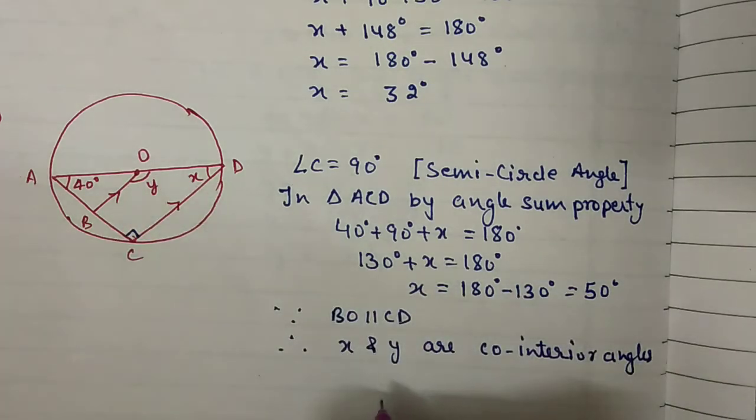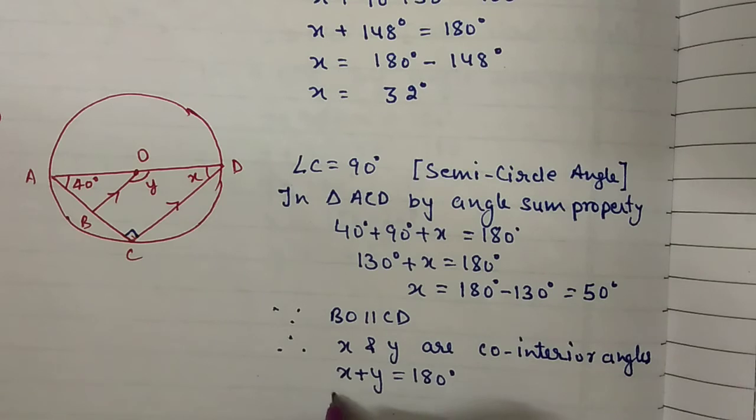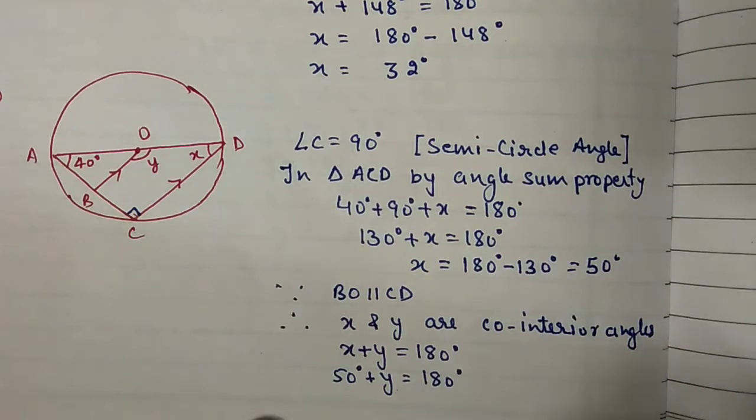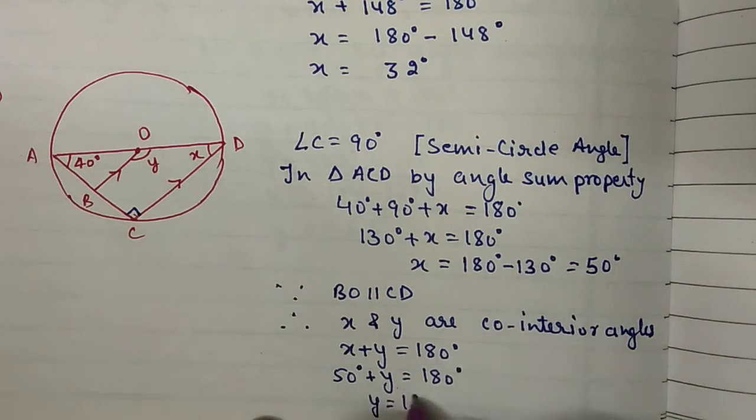So we can use the co-interior angle property. According to the co-interior property, these two angles sum will be 180 degrees. So x we found out 50 degrees and then y we have to find out. So y value will be 180 minus 50 equal to 130 degrees.